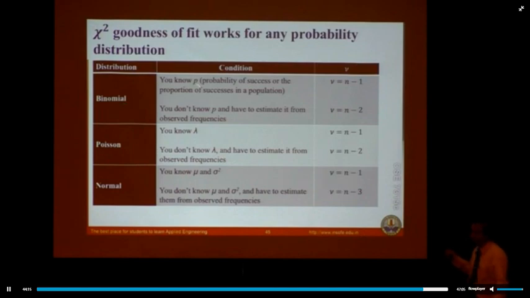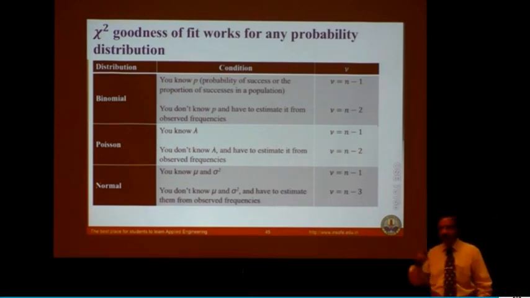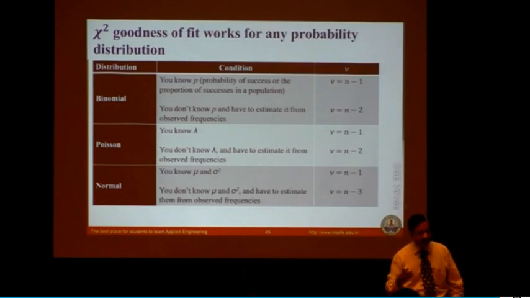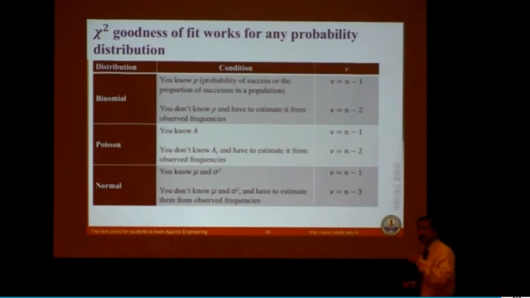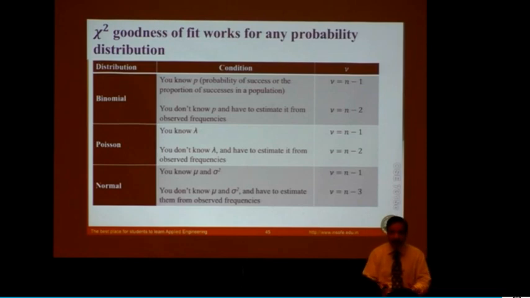In a binomial, what are the parameters you are supposed to know? n is the number of trials, and the parameter p is the probability of success. If the probability of success is known, degrees of freedom is n minus 1, standard. If the probability of success is not known and you have to estimate it from the sample data, then you lose another degree of freedom.